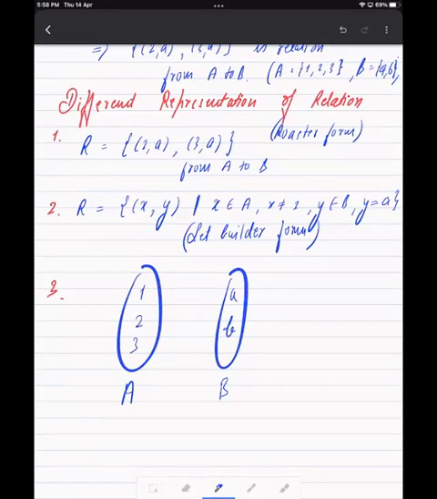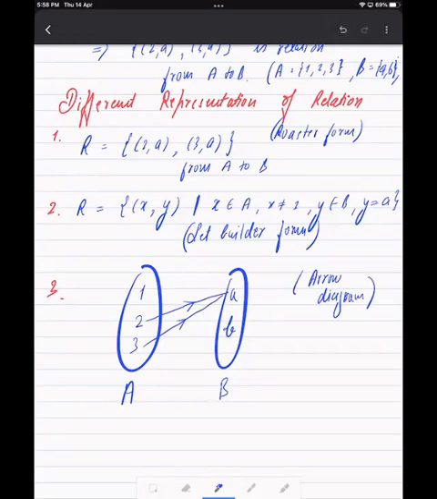Okay. So this is called the arrow diagram. So which means you have to draw arrows here. See, 2 is related to a. So from 2, you draw an arrow toward a. And then 3 is related to a. So from 3, you draw an arrow over here. That's it. This is the arrow diagram, which is the simplest one, where you can see that 2 is related to a, 3 is related to a.